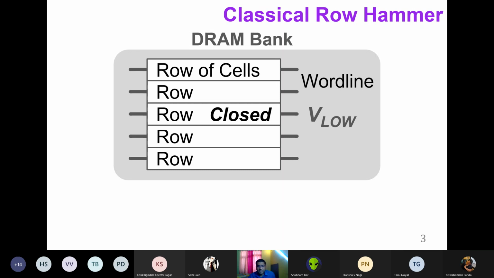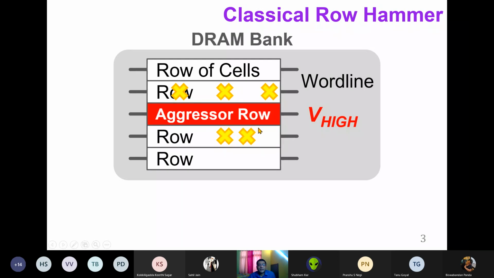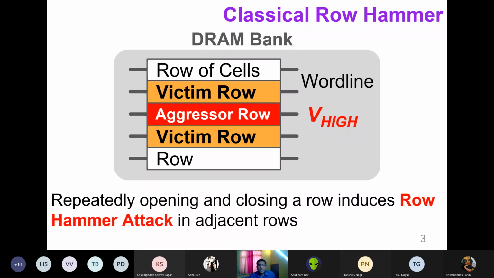So that is, like you can see here, right? This is called the aggressor row, and the neighboring rows are called victim rows. So this is the conventional or classical row hammer attack.